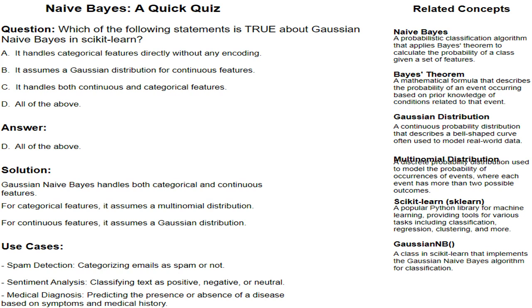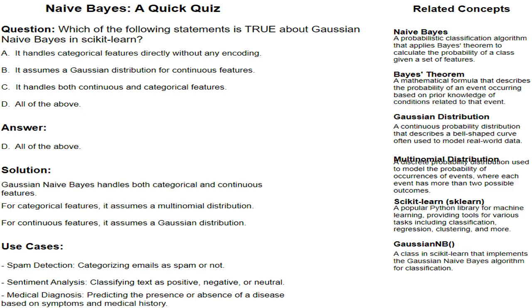Let's say you have a medical test for a disease. Bayes' theorem can help you calculate the probability that someone actually has the disease given a positive test result, taking into account the prior probability of the disease in the population and the accuracy of the test.